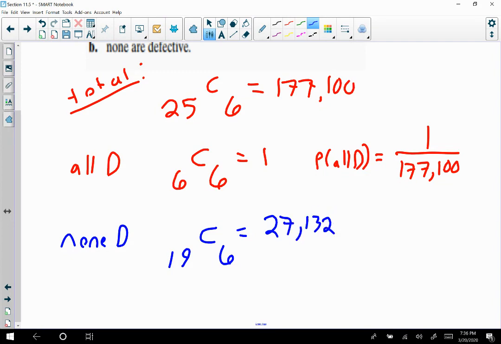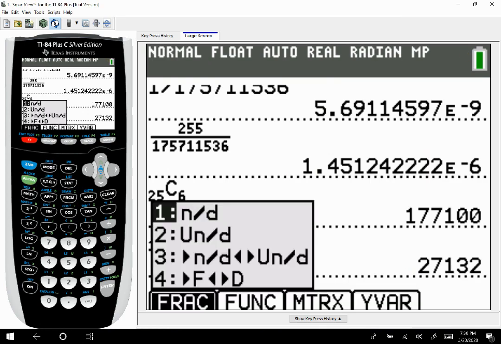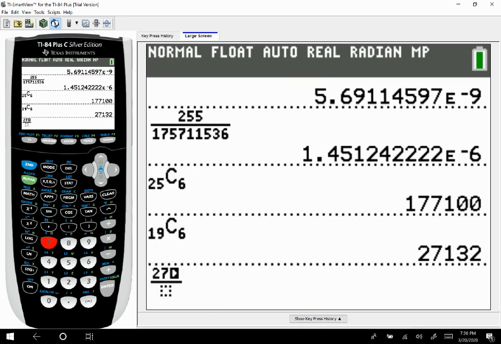27,132 ways. So what's the probability of none being defective? Well, that's 27,132 all over that 177,100. Let's go to our calculator and let it do its job for the fractions. Alpha y equals 27,132 all over 177,100.